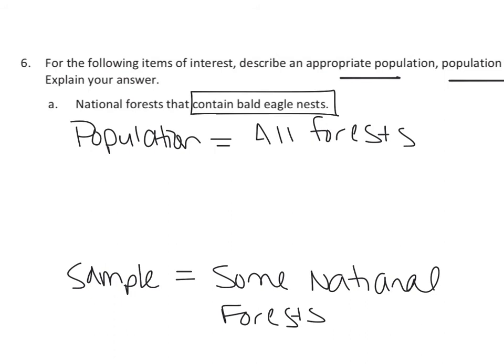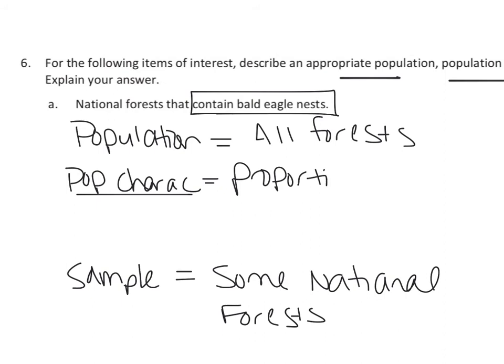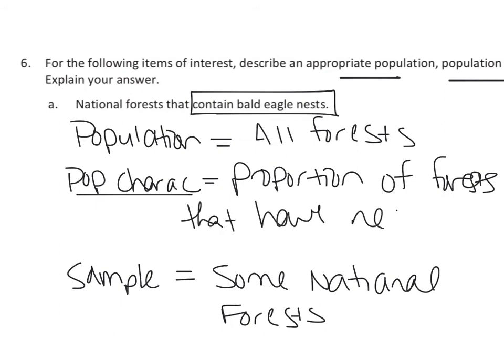So what's the first thing they're asking? They're asking for our population characteristic. It is, for example, we could analyze the proportion of forests that have nests. So say we discover that 100 out of 300 national forests have eagles' nests.